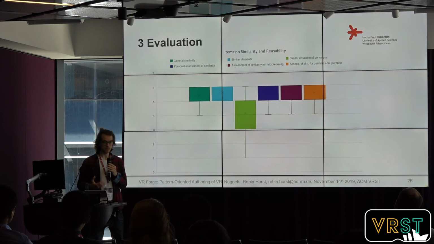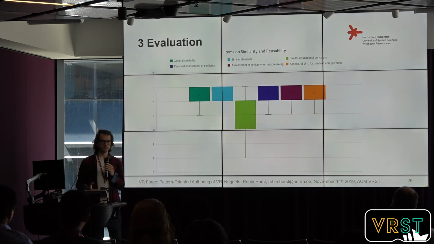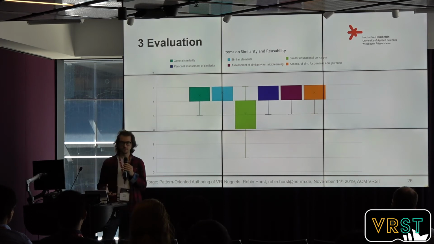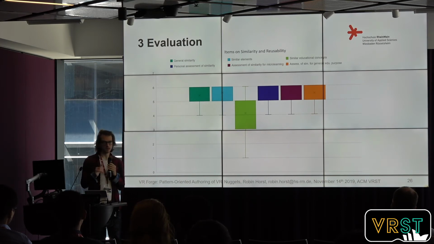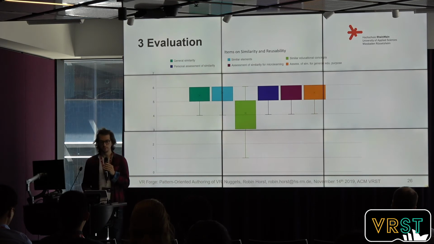The participants indicated as well that they personally liked this similarity between the nuggets, and they found this amount of similarity quite beneficial for microlearning on the one hand, but also for education in general.